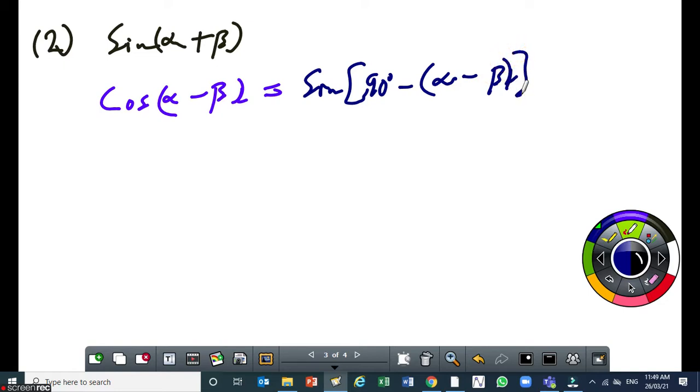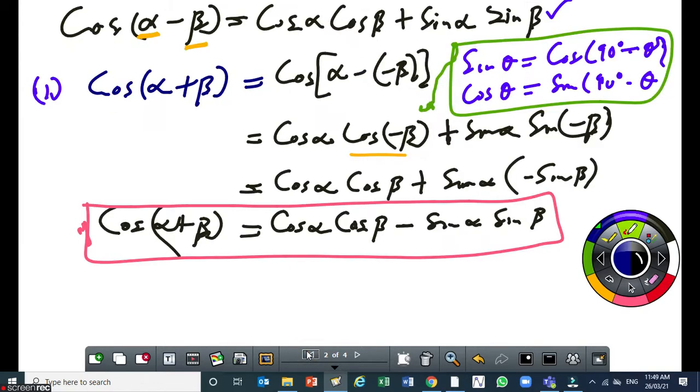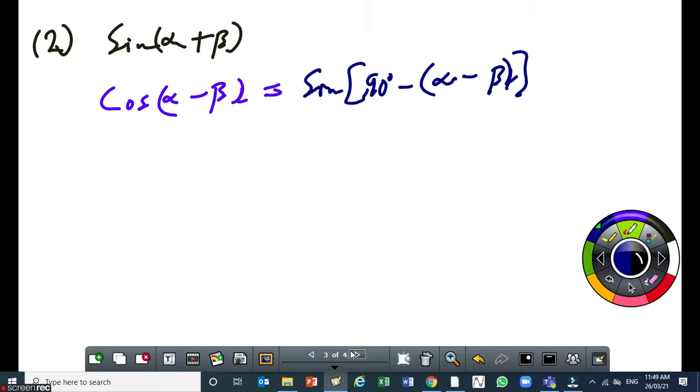I'm going to repeat what I'm doing because some of you might say, what is he doing? I'm using this one to derive. As you can see, there's cos, there's alpha minus beta inside the brackets. So here, I want to derive the compound formula for sine alpha plus beta, but I have to start from cos alpha minus beta.